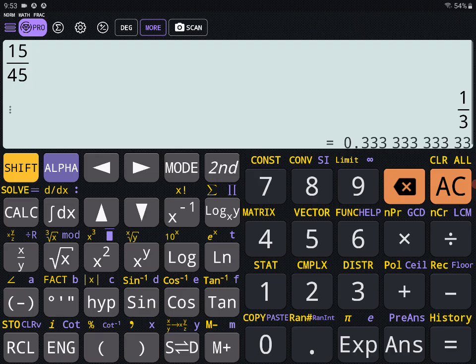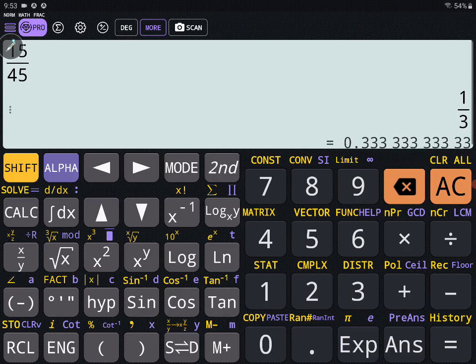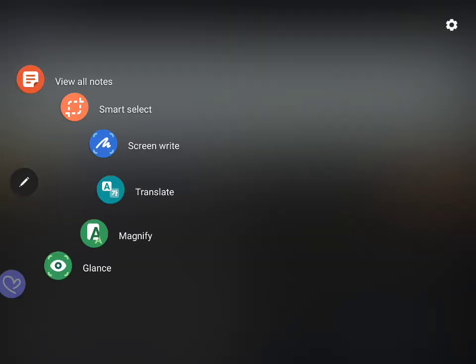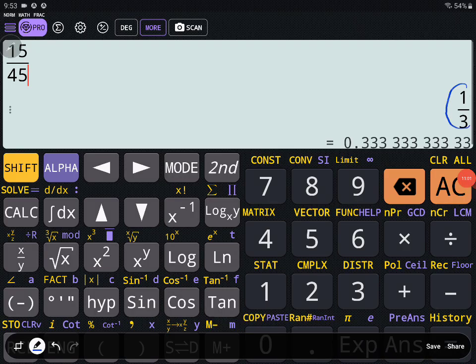So here calculator will just simply give you the required answer. Here, can you see? That is 1 over 3. That's the simplified version. So we can use the calculator to get that very easily, right?